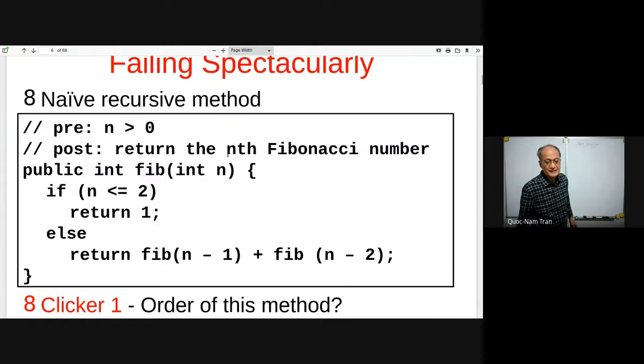What is the complexity of this algorithm? It's an exercise for you. Use the knowledge you already learned in this class to calculate the time complexity for this.